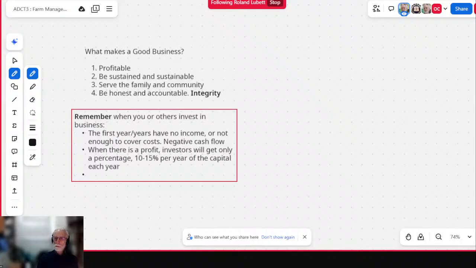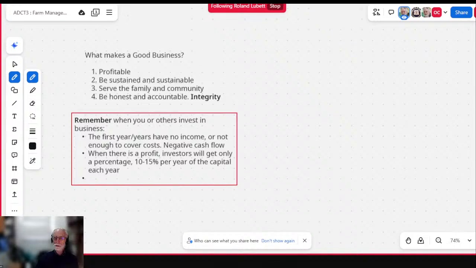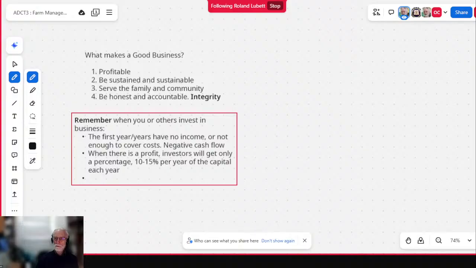So many people think, okay, if I put in 100,000, then I'm going to get all that money back plus more money in a few years. That's not how it works. So just remember about investing. You put in capital and you're getting back profits from income, which are not the same as the capital. The capital remains invested.